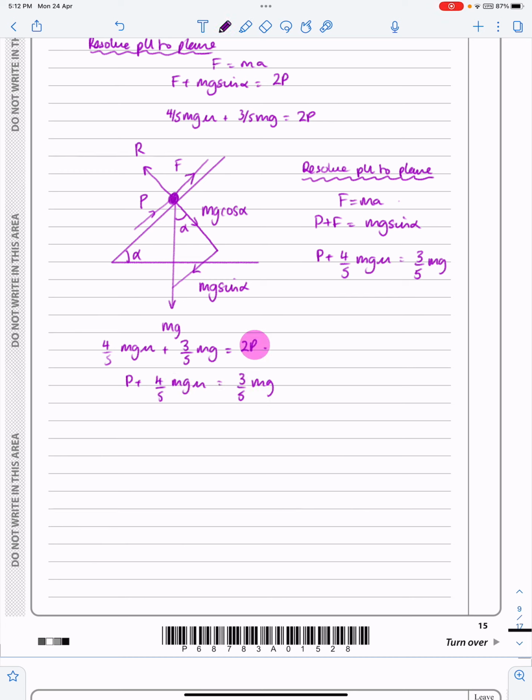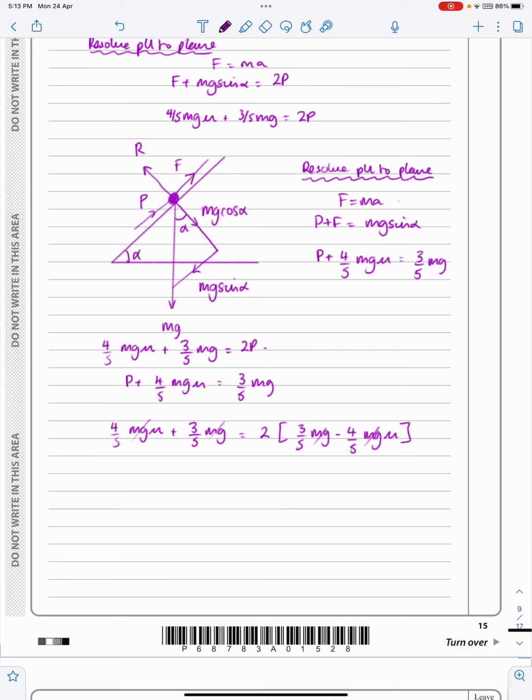If I do that, I get this bit again is equal to 2 lots of P, which is this one minus this one: 3/5 mg minus 4/5 mg mu. Cancel out all the mg's.